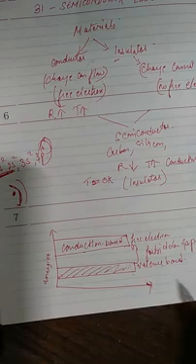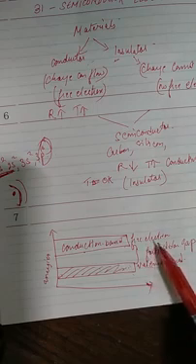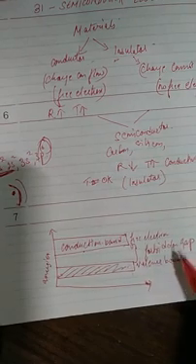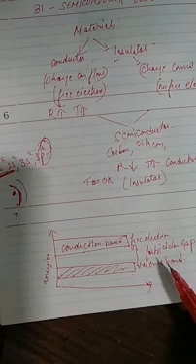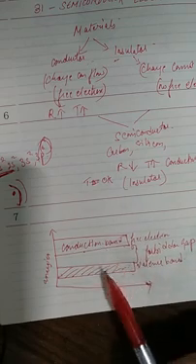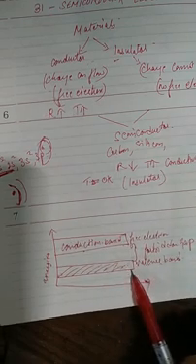The energy gap which is present between the valence band and the conduction band, separating these two energy bands, is called forbidden band or forbidden gap. Now this is about forbidden gap, conduction band and valence band.